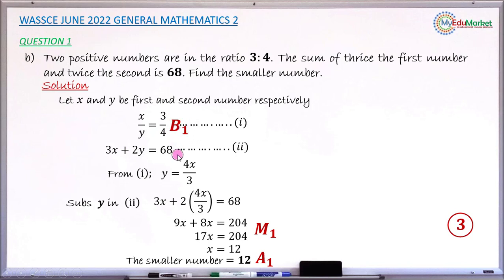The next mark is for attempting to solve the system of equations using any method, the method 1 mark. And when you have the value of x, the smaller number, as exactly 12, you get the accuracy 1 mark. So if everything is done correctly, this question will get you 3 good marks.